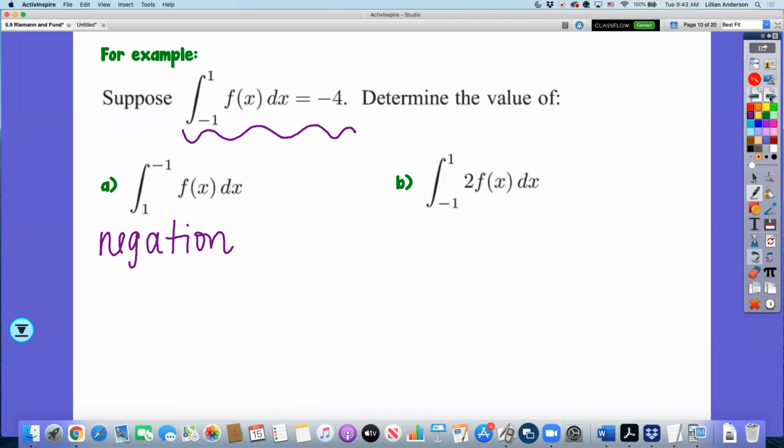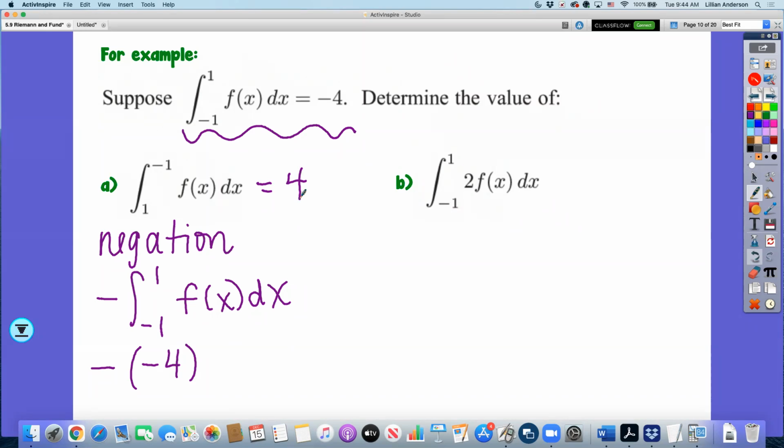So if I flip the bounds, now the negative's at the bottom, the positive's at the top. I pull a negative out, and I still have my function. Since this looks exactly like my original given integral, all I need to do is plug in -4. And since I pulled out a negative using the negation rule, two negatives make a positive, so the area is +4.